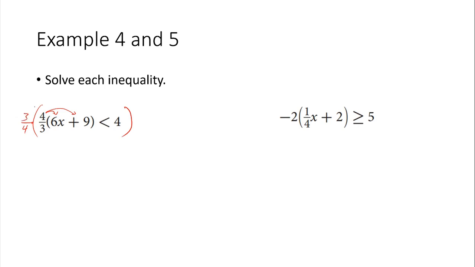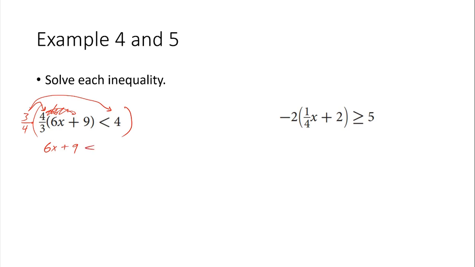Multiply by 3. So I'm going to go ahead and use the distributive property to get rid of that whole fraction in the front, that leading fraction. But remember, what you do to one side, do to the other. So I'm not going to go ahead and distribute and deal with all these fractions. I'm going to go ahead and distribute to get rid of fractions, make this nicer. So 3 divided by 3 is 1, 4 divided by 4 is 1, and that will get rid of our 4/3 on the left-hand side.